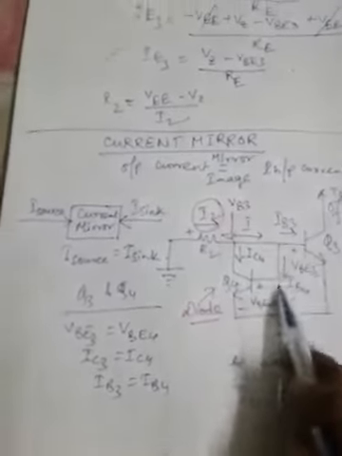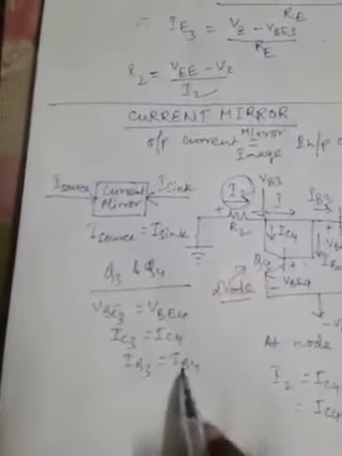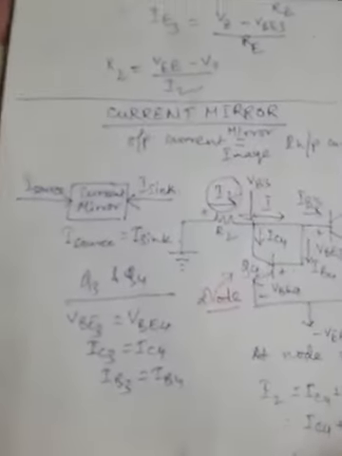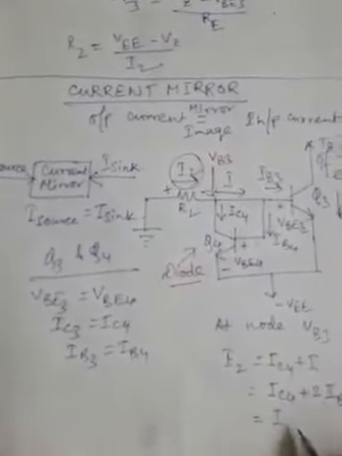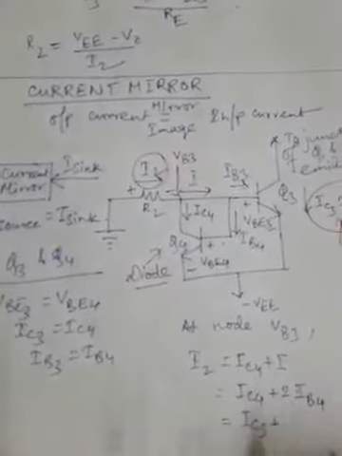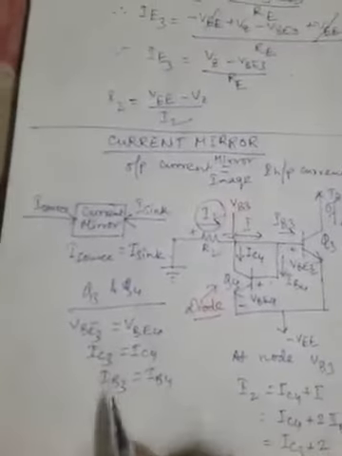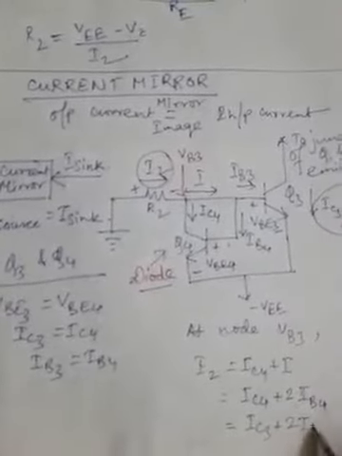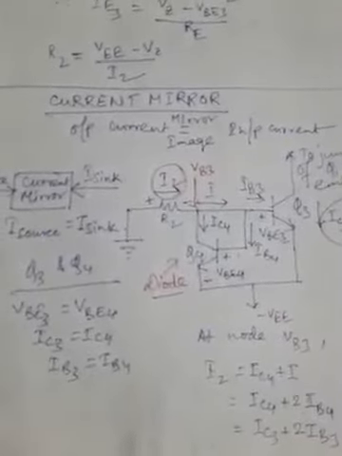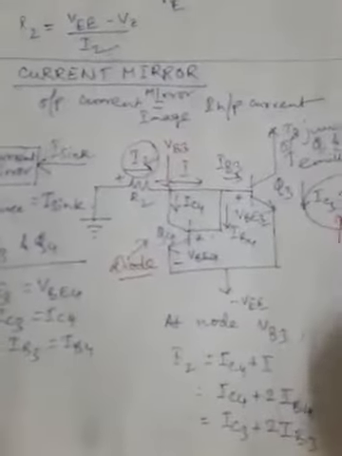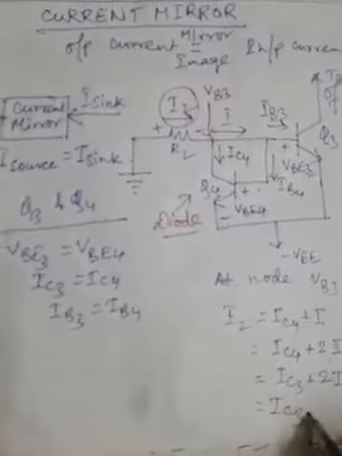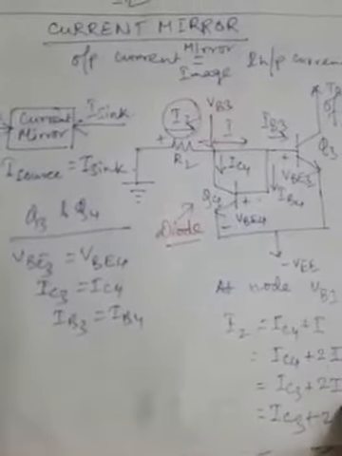Now since IB3 and IB4 are the same, as we have written over here, we can write I as 2IB4. Now IC4 is equal to IC3, so we can write IC3 plus 2IB4 is equal to IB3. So IC3 plus 2IB3, that is I2. Now this can also be written as IC3 plus 2 into what is IB3?